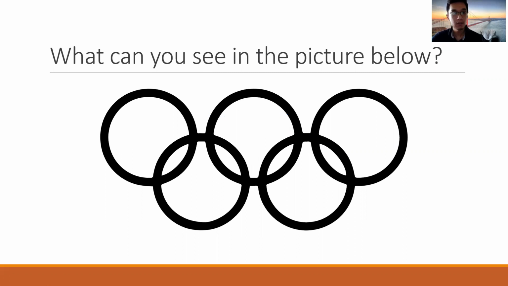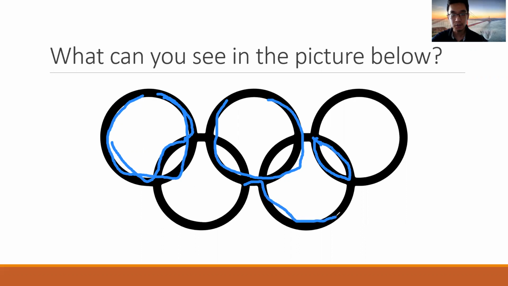You tend to see a circle here, a circle here. So why don't you see a shape like this? Why don't you see a shape like this? Why don't you see a shape like this? Because it's broken. The lines are broken. You tend to see continuous lines. So that involves the principle of continuity.